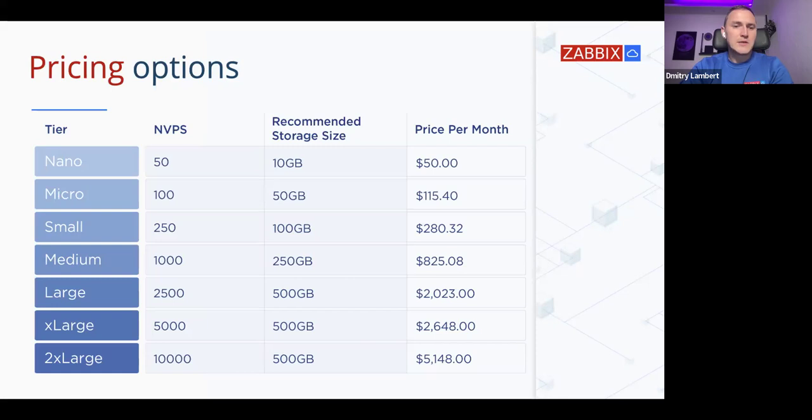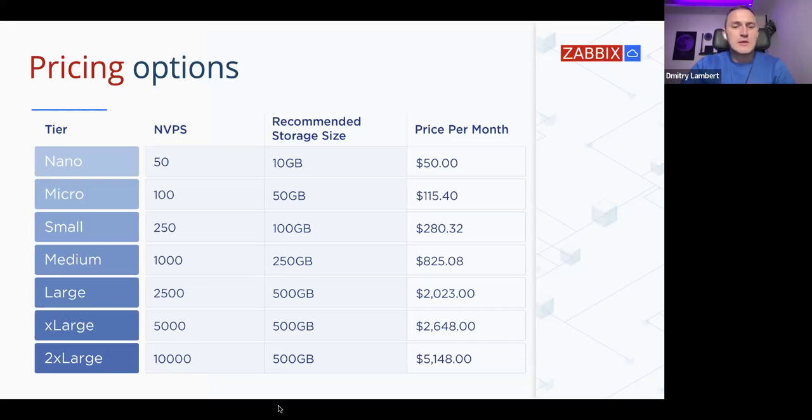As I mentioned, NVPS tiers and storage are the only factors that are determining your costs at the end of the month. We don't care how many hosts you have. We don't care how many items you have or triggers or how many users will be working in the frontend daily. Everything depends on you. The only thing is NVPS and storage.